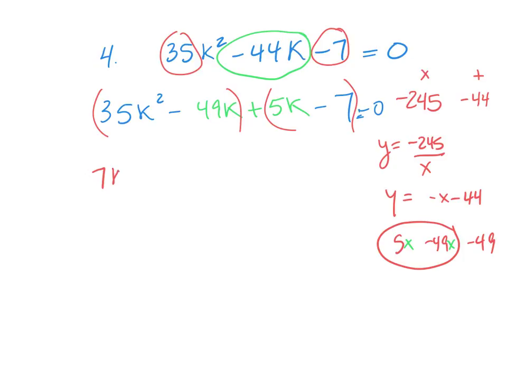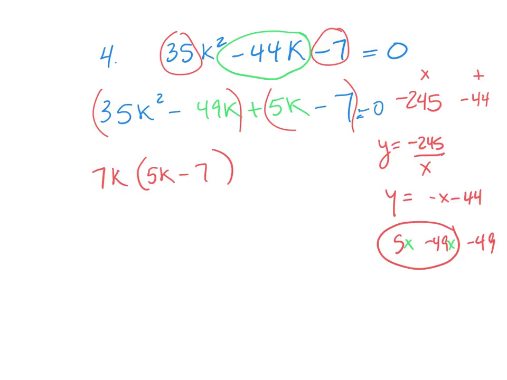That would be 1k, because the second one only has 1 they can give me. And then I do this parenthesis here, and I say, okay, 7k times what is 35k squared? That would be 5k. And 7k times what is -49k? That would be -7.